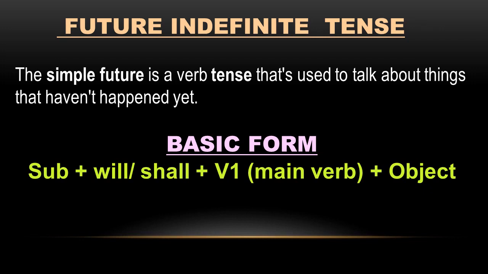Its basic form is subject plus will or shall plus first form of the verb, that is the main verb or the base form of the verb, plus object. Now with first person we commonly use shall, and with other persons, that is second and third person, we use will.